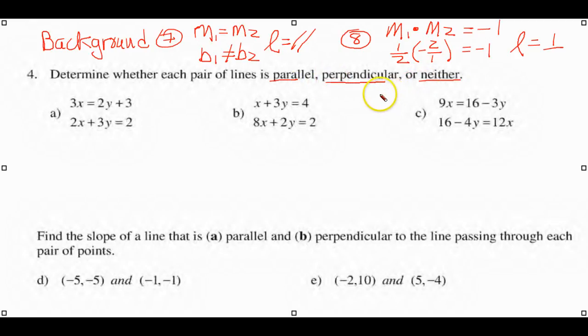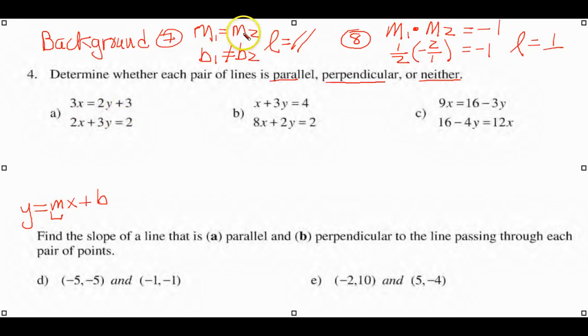Now in your homework log, and as you do these, and eventually on your blue sheet, how do you show the work of this? Well, the main thing is put them in y equals mx plus b, that is slope-intercept form, so you can physically compare the slopes. You're going to do this for this equation and this equation.